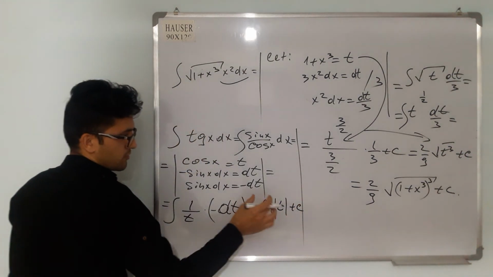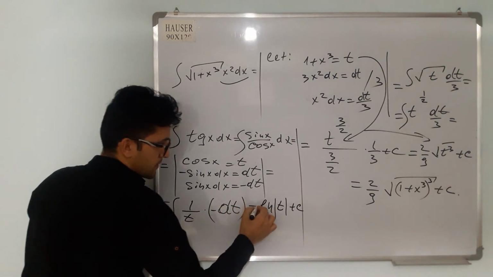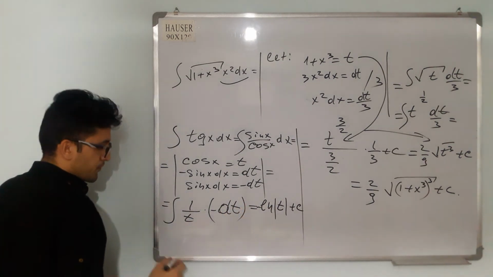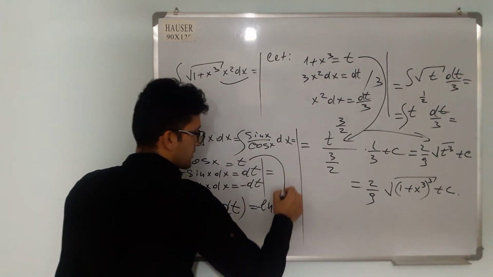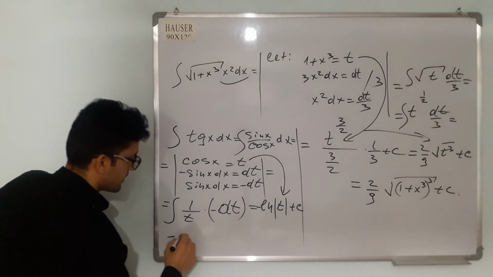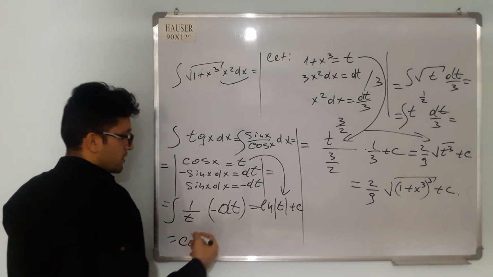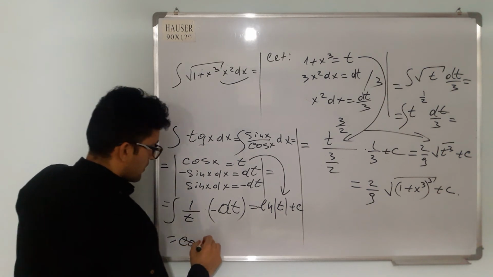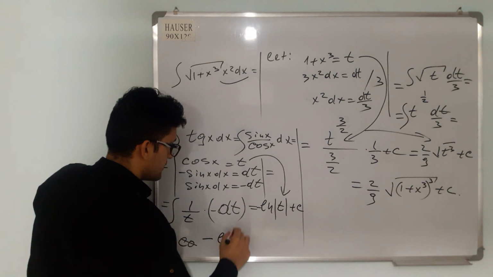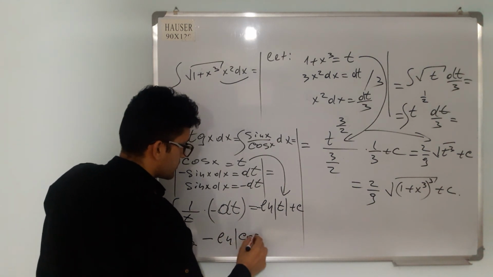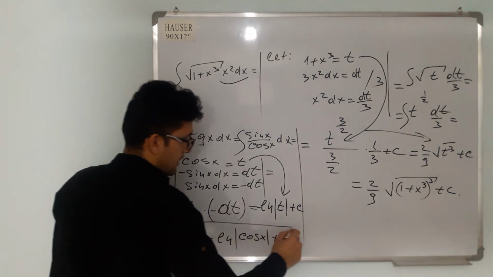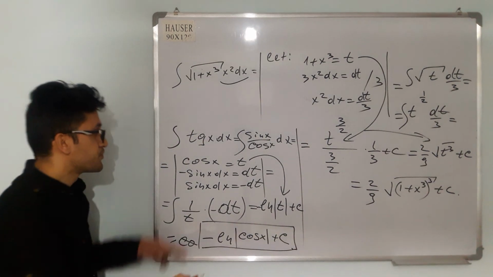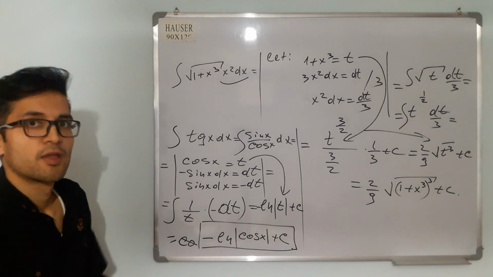But we should not forget the minus here. So when you put the value of t here, the antiderivative of this expression will be minus ln of the absolute value of cos x plus c. So this one will be the antiderivative of tangent x. Take care.